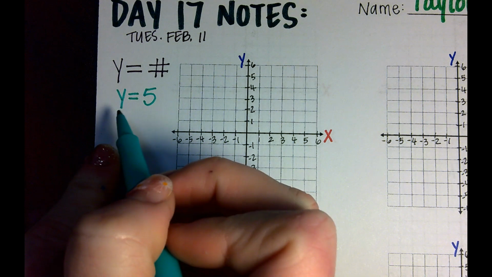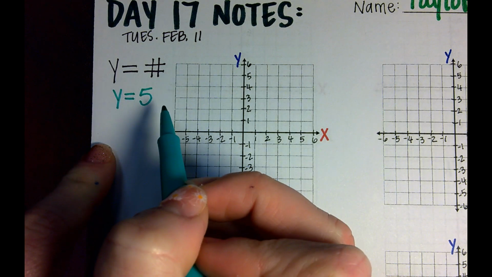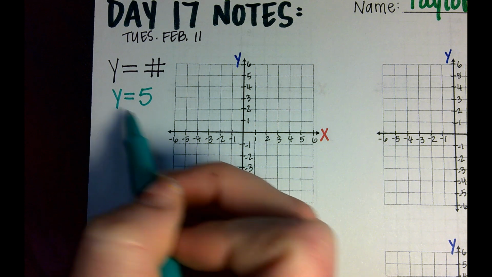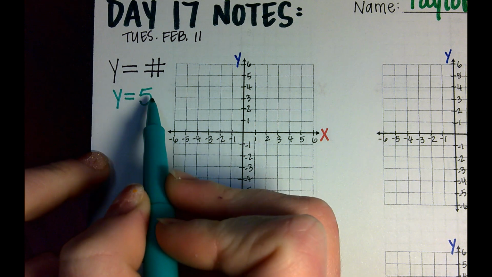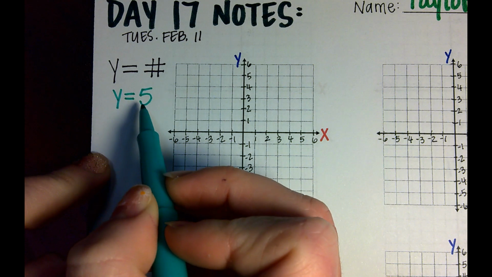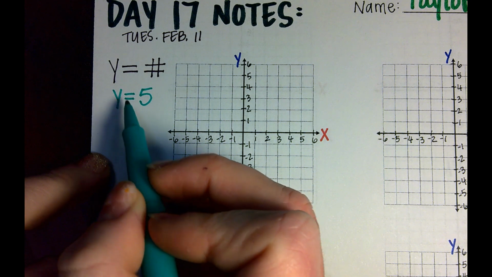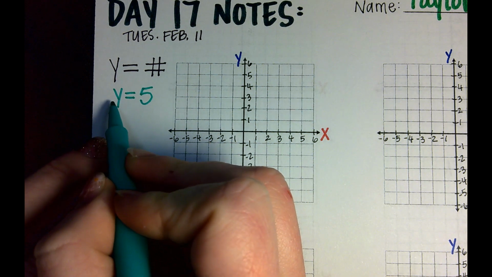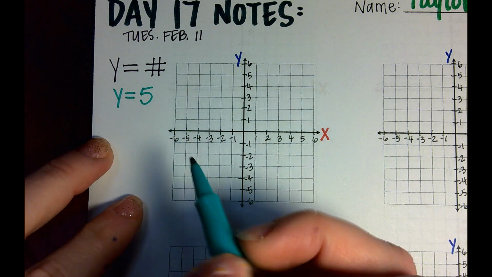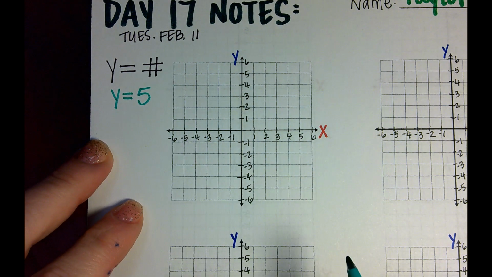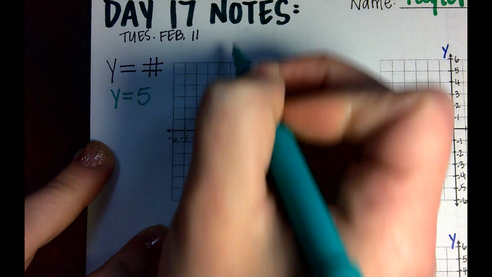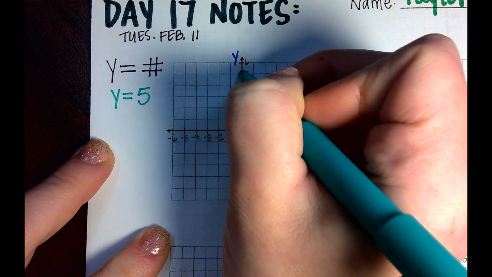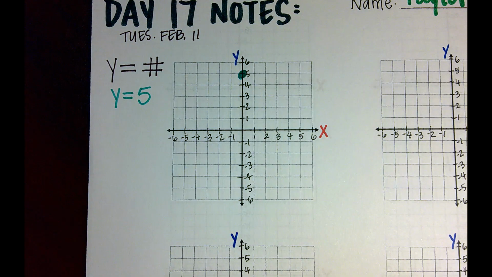When I have an equation that's just one letter and one number, no other variables, no other information, what this equation is telling me is that I am going to put this number 5 on whichever variable. In this case, it's y. I'm going to put a point on that axis to start. So if y equals 5, I'm going to mark 5 on which axis? The y-axis, the one going up and down. So I am going to look for 5 right here on the y-axis.